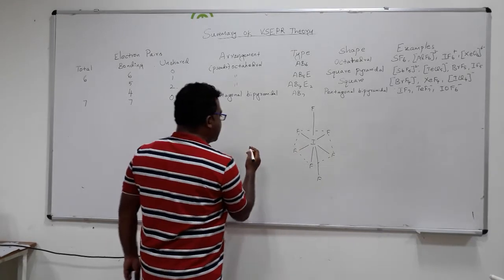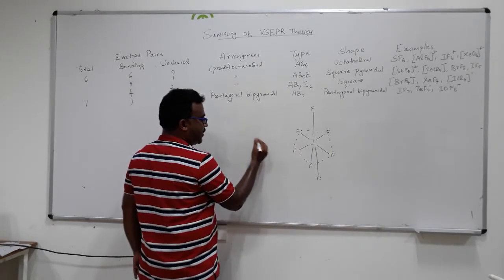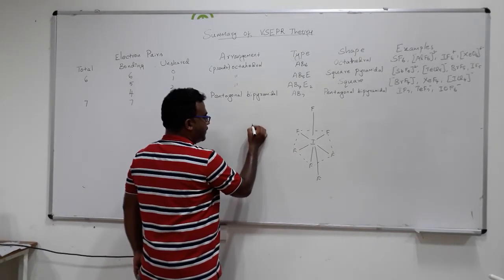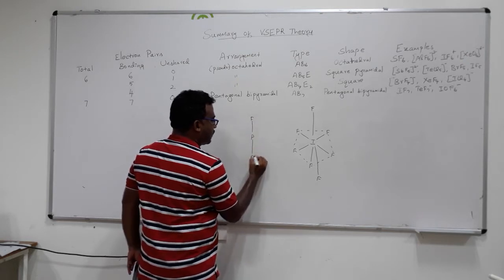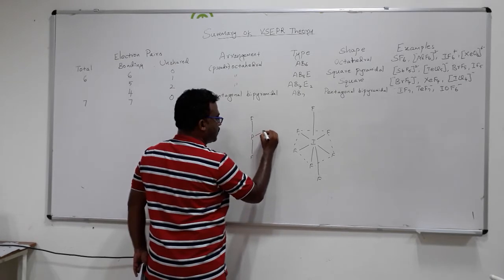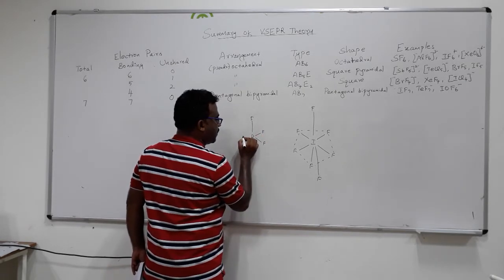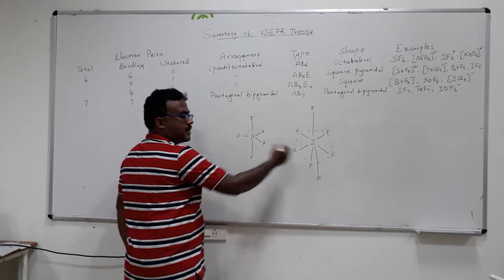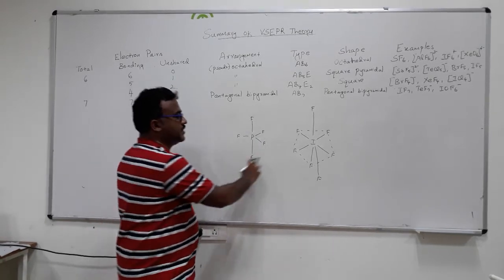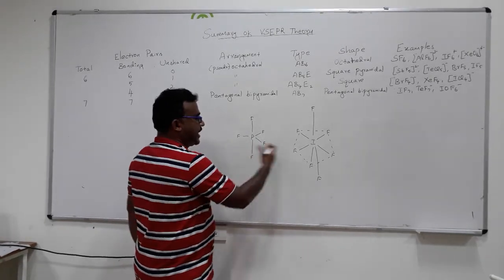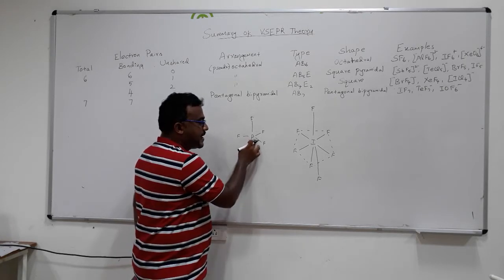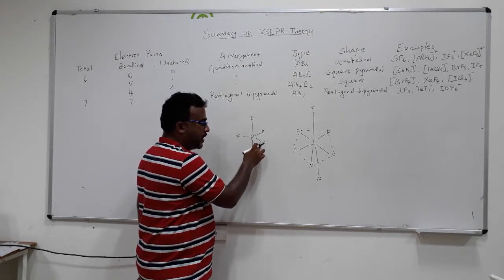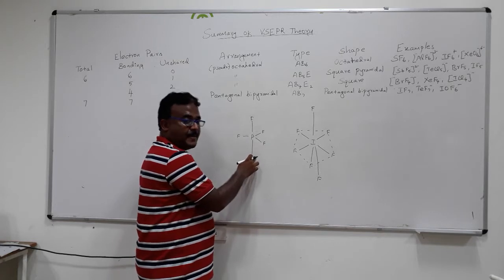And if you compare this one with trigonal bipyramidal, for example PF5, you see there is a big difference between these two. In both cases you have two different types of bond length. In PF5, the equatorial P-F bond is shorter compared with the axial P-F bond.